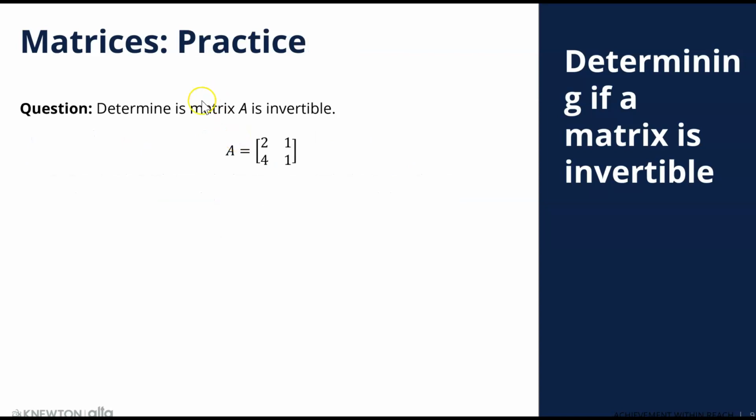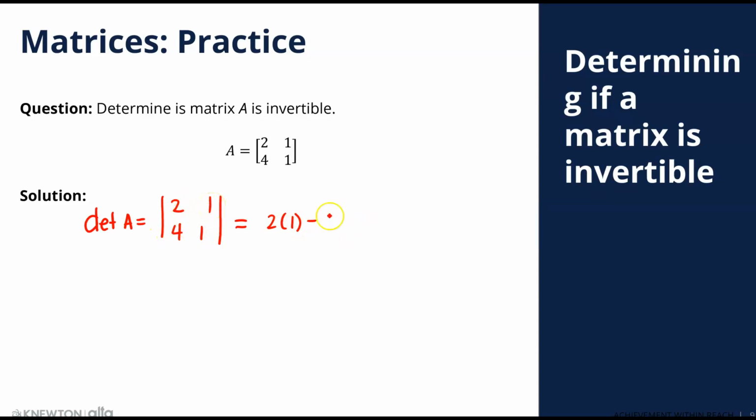So to illustrate this, let us consider the example here. Given a 2 by 2 matrix, let us determine if the matrix is invertible. To do that, we just have to get the determinant of the matrix. The determinant of this matrix, 2, 4, 1, 1, is just equal to the product of the diagonal entries, 2 times 1, minus the product of the other diagonal entries, 4 times 1.